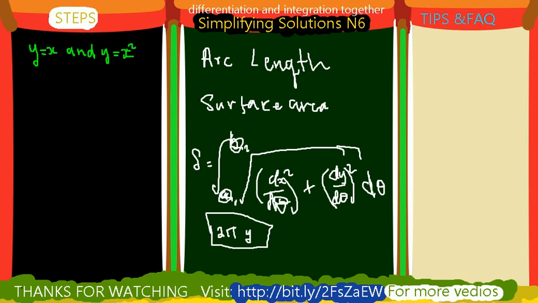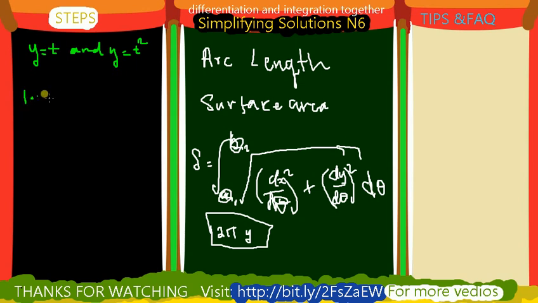It will be like this, let's say it's t, and the other one is t squared.